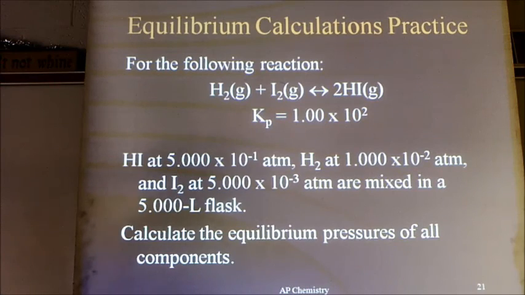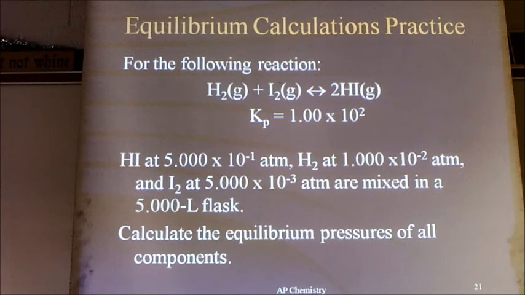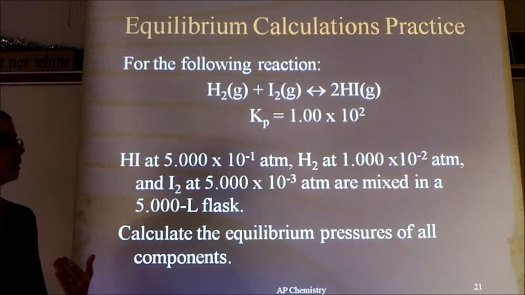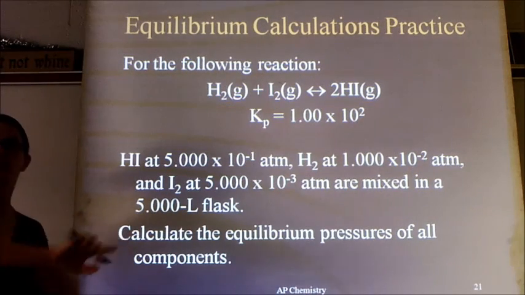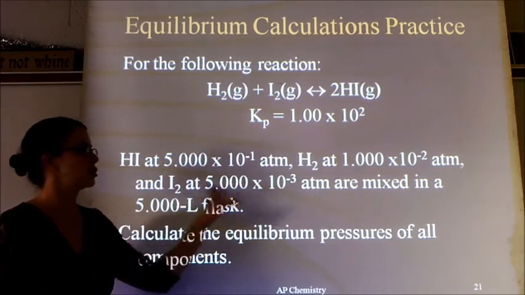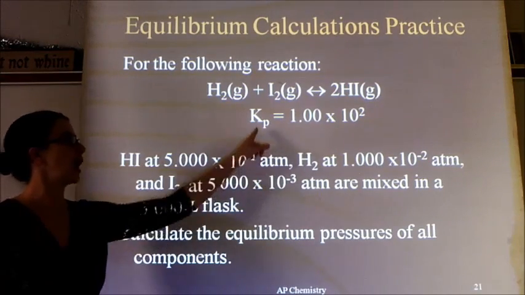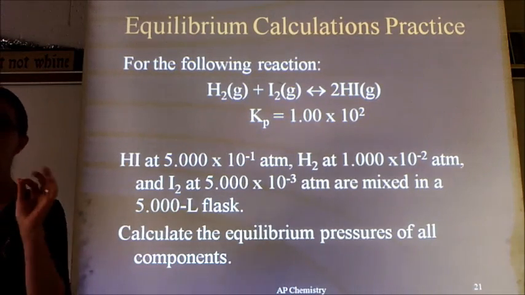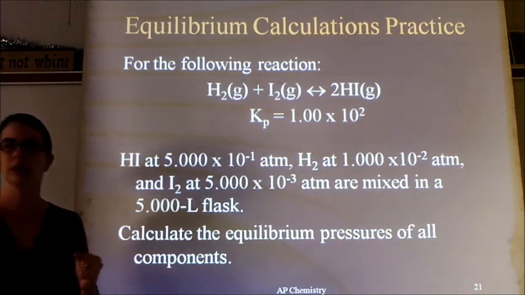Try this one. Now guys, remember, you don't have to make this assumption of whether it is going to shift in the forward or the reverse. You have all the initial conditions, and you have Kp. What could you calculate to figure out for sure which direction it's going?